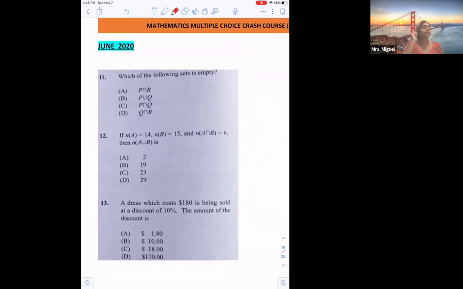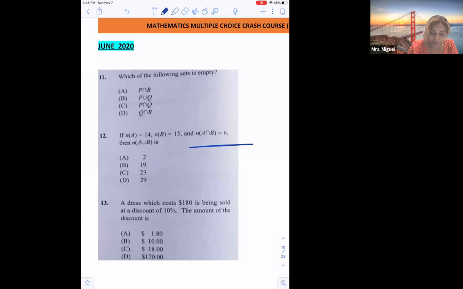Number 11. All right, so in the meanwhile, work out 12 and 13. Part of question 12 was omitted. Which of the following sets is empty? Right. So let me give you the rest of number 11. In the meanwhile, do 12 and 13.